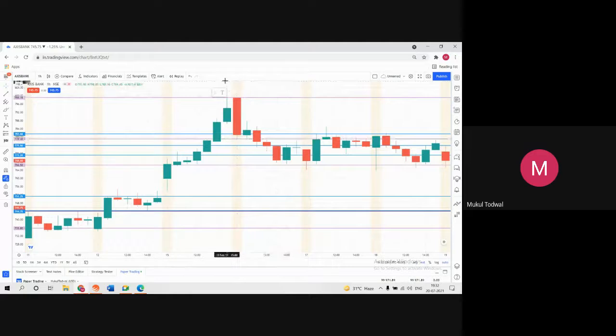It has completely engulfed the previous green candle, and see how the stock performed. It gave you a very decent return. And if I calculate it, this is somewhere around a 4% return in a single day. I hope I'm pretty much clear.